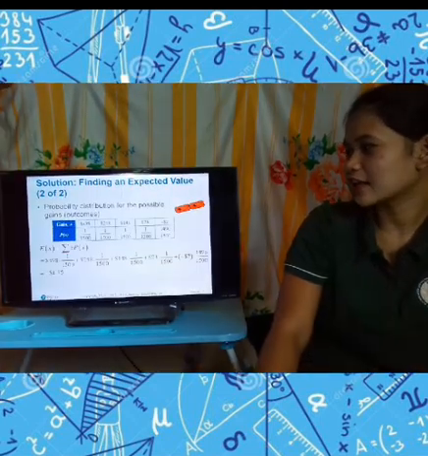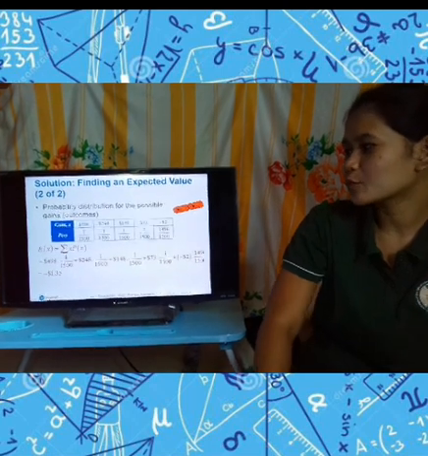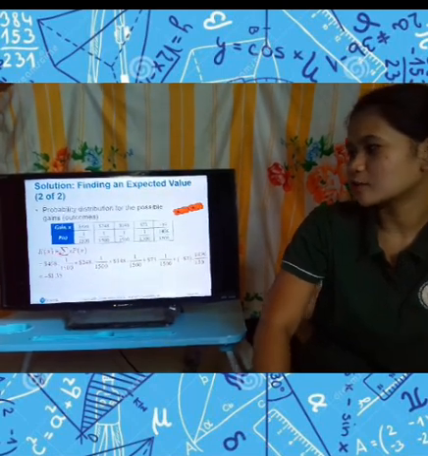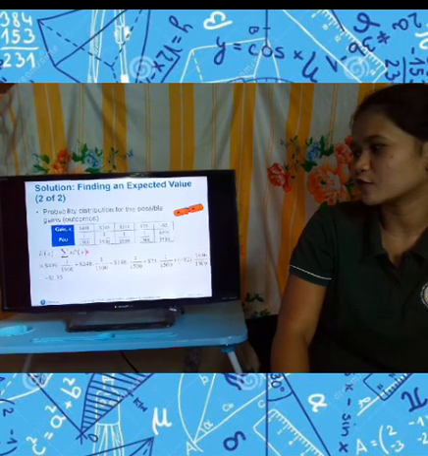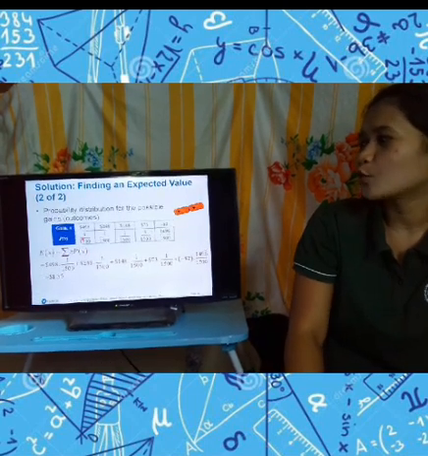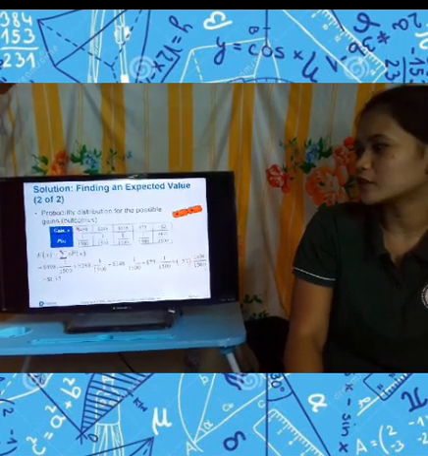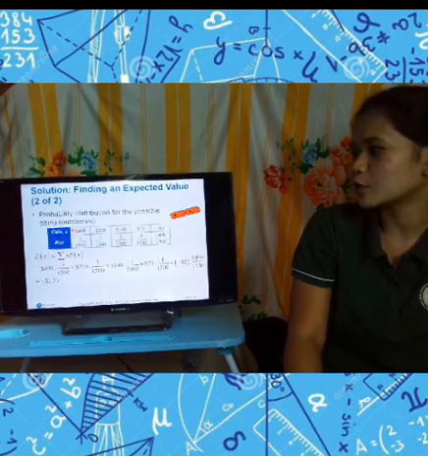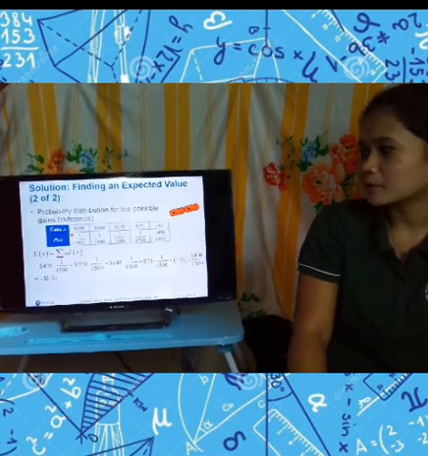Now, let's get the expected value. So, E of x is equal to the summation of x times P of x. This means that we will multiply the gain, our random variable, with its corresponding probabilities.